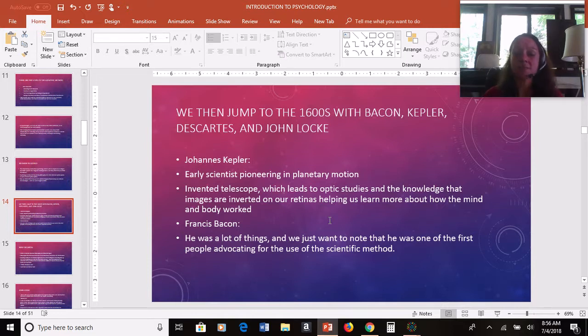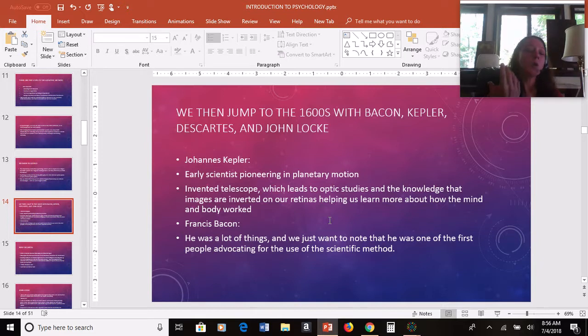And then when it comes to Francis Bacon, he was a genuine Renaissance man. He did a little bit of everything. He was over here in the colonies in America advocating for their departure from Britain. He was over in Britain doing political things. He was writing literature.